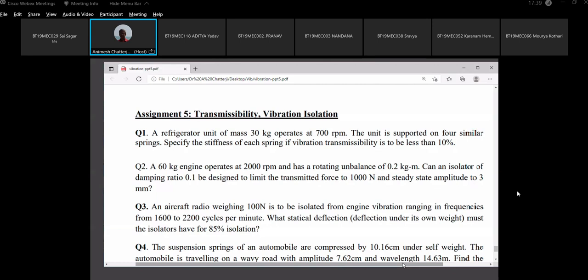But what is this frequency ratio you are getting? 3? That's wrong. What is it? It cannot be 3.